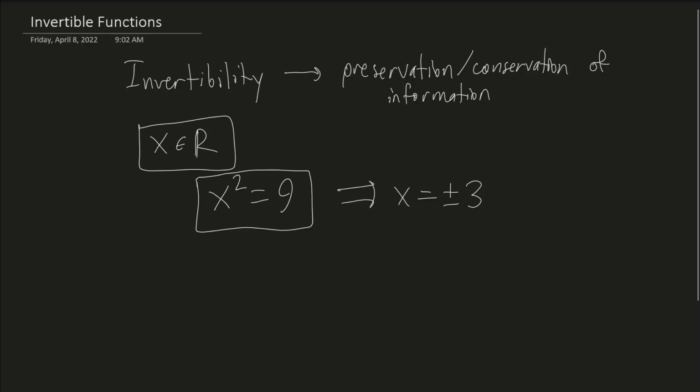So if you think about this transformation from x to x squared, there's information that's lost.